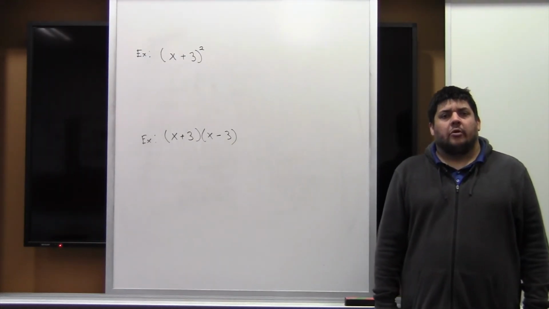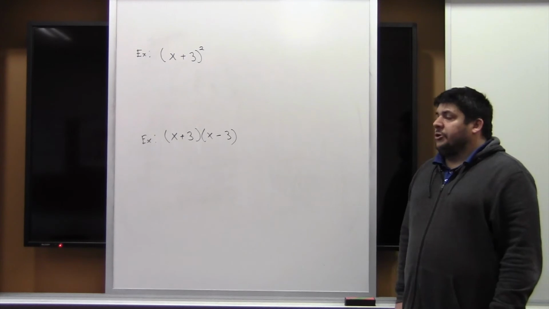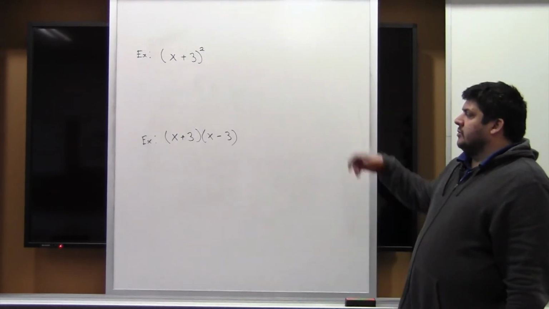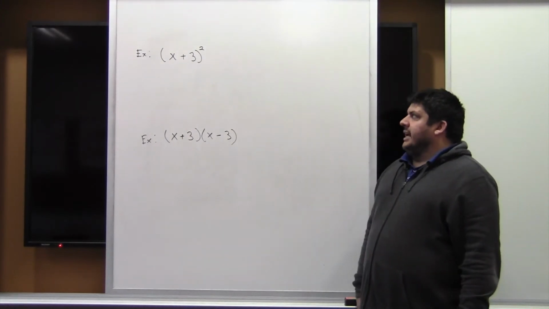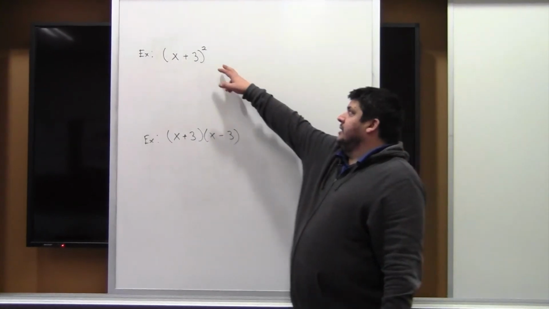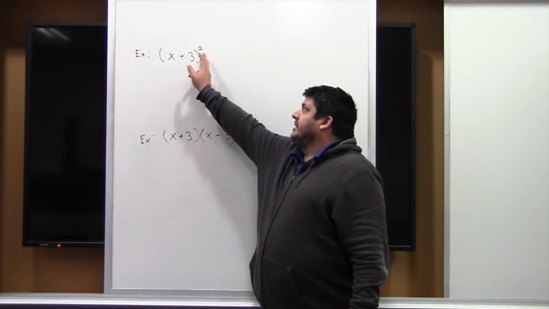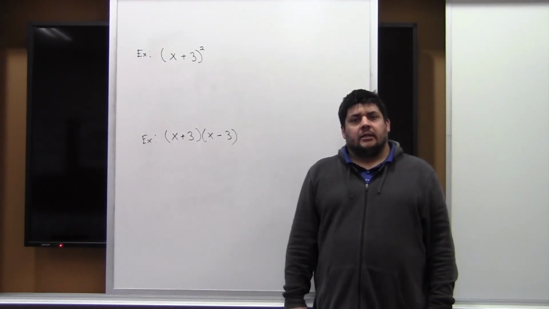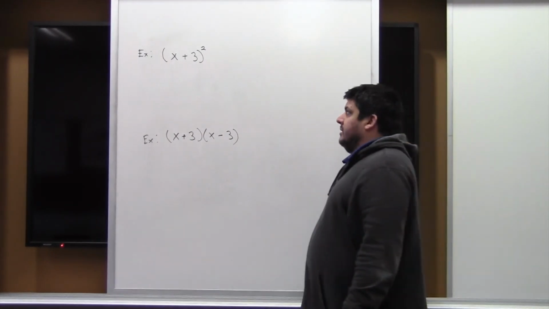All right, here's a couple more examples of multiplying some binomials together. Let's look at the first one. The first one says x plus 3 squared. A lot of students make the mistake to just square this and square that and say that that's x squared plus 9. That's not how you want to do a problem like this.